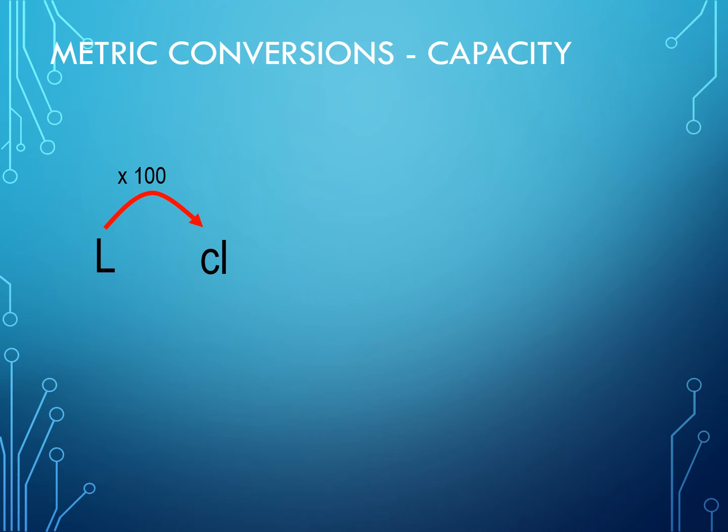So in order to convert liters into centiliters, multiply by 100, and then we have something even smaller, which is milliliters. ML is the abbreviation. To convert something from centiliters to milliliters, you just multiply it by 10. Equally, if we want to go from milliliters to centiliters, we do the opposite, which is divide by 10. And from centiliters to liters, we do the opposite, which is to divide by 100.